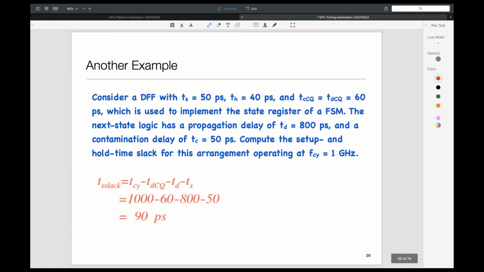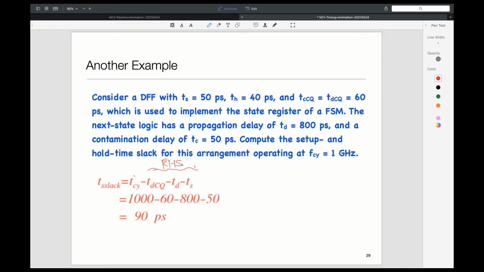We look at the clock period minus these terms, which were my right-hand side in the original equation. The clock period is the time I have available. During that time, I have to fit in the delay through the flip-flop, the delay through my next state logic, and the setup time. So TDCQ is the flip-flop delay, which is 60.